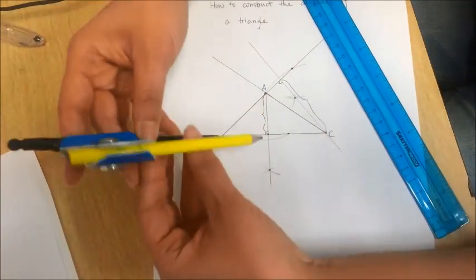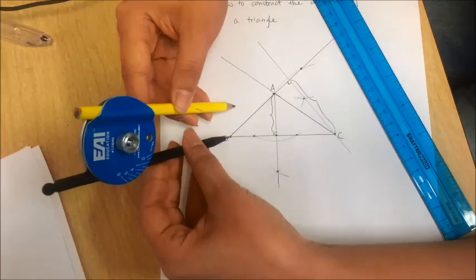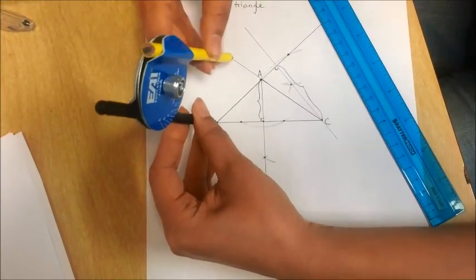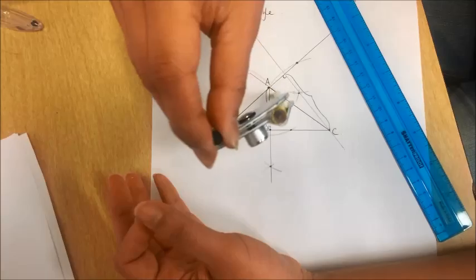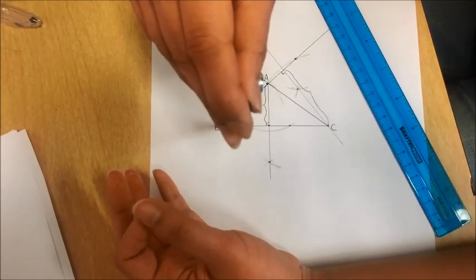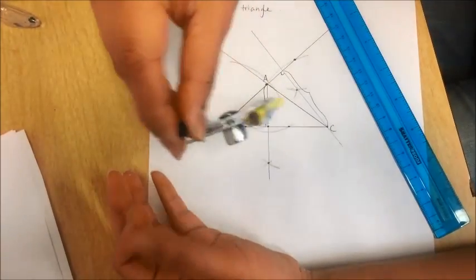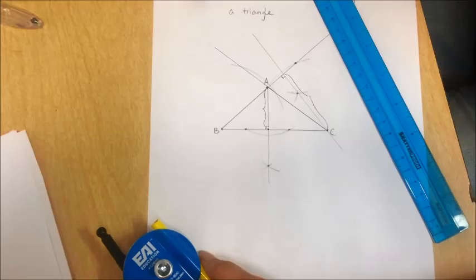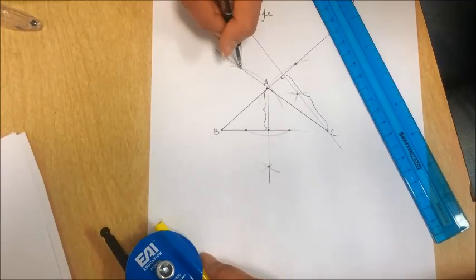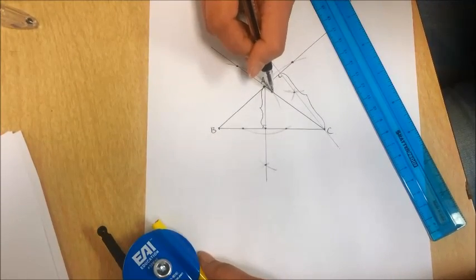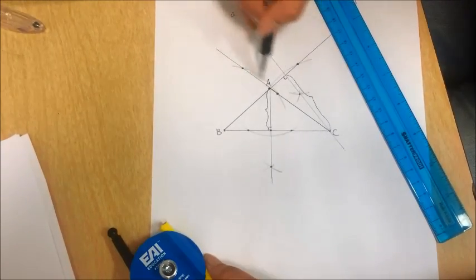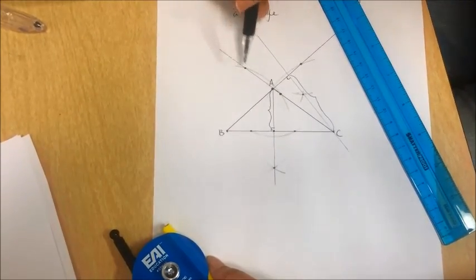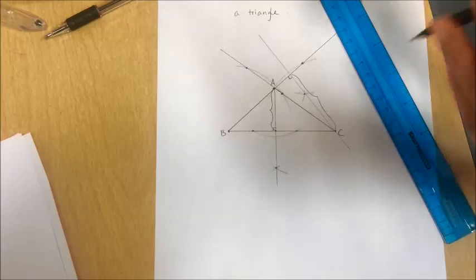Now what we need to do is to have B as our center and find a radius that can give us two intersecting points on line AC. Keep track of all the points you're generating so you don't confuse yourself. This line segment is the one we are trying to create the perpendicular bisector of.